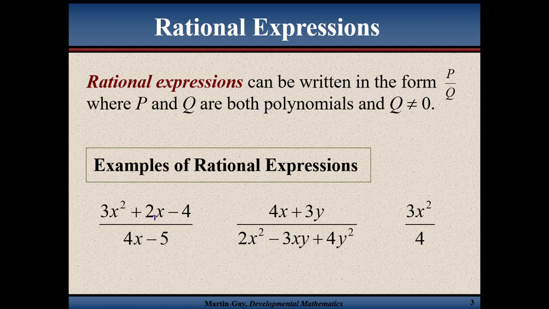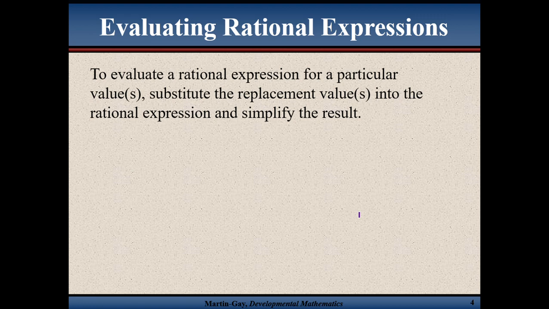These are the examples of rational expressions. To evaluate a rational expression for a particular value or values, substitute the replacement value into the rational expression and simplify the result.